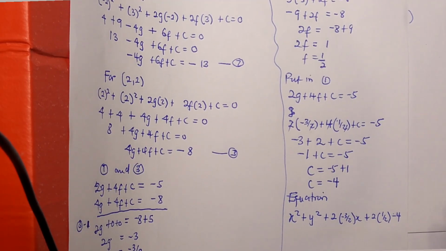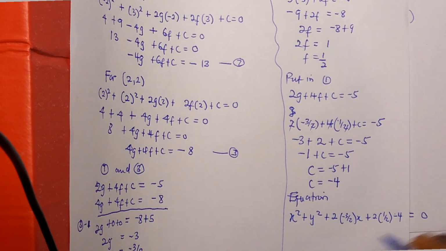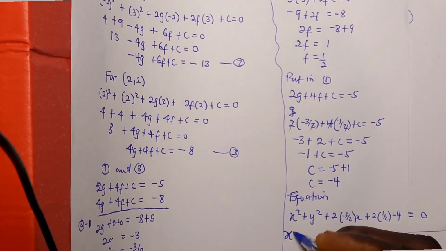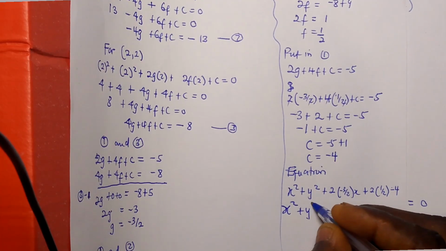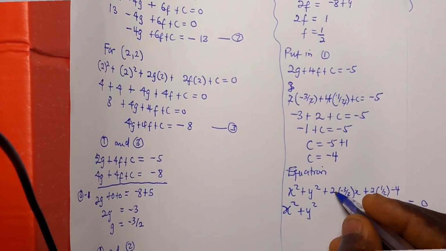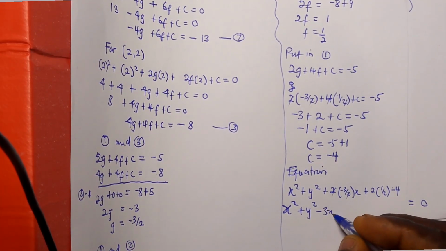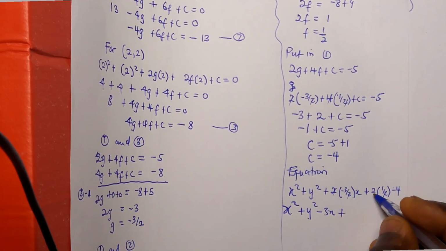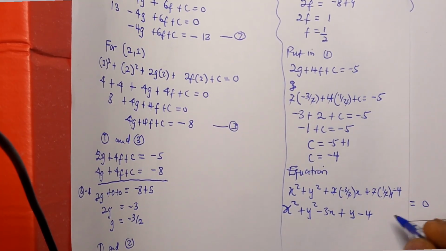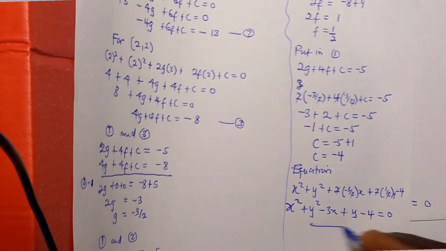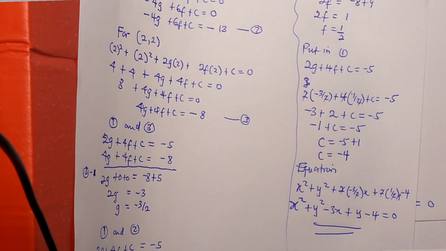So we now have x squared plus y squared, 2 cancels 2, we have minus 3x plus, 2 cancels 2, we have y minus 4 is equal to 0. And this is the general equation.